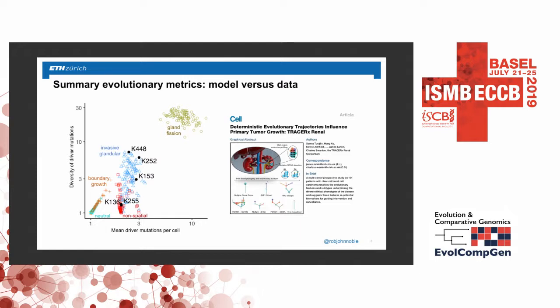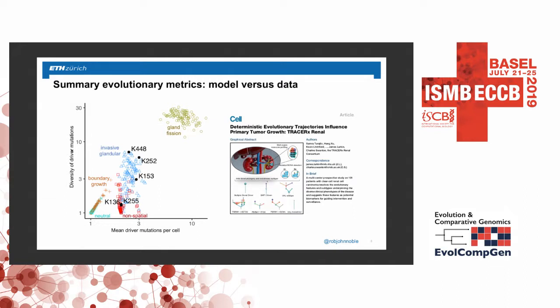In this case, they looked at more than 100 kidney tumors. They did multi-region sequencing, an average of about 8 samples per tumor, and they reconstructed trees, and as you can see perhaps in that graphical abstract, in many cases they found these kinds of branching patterns.